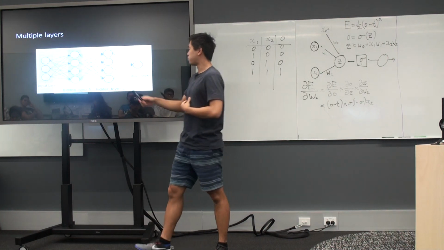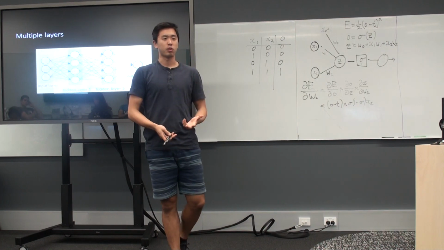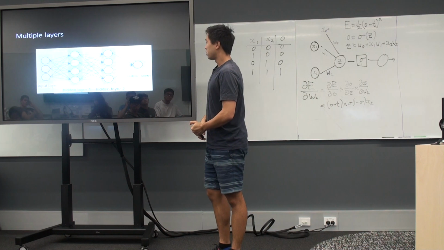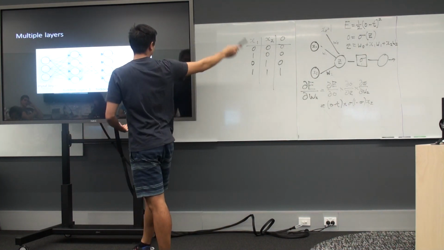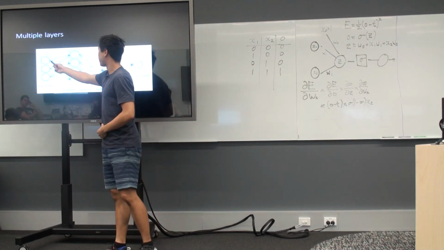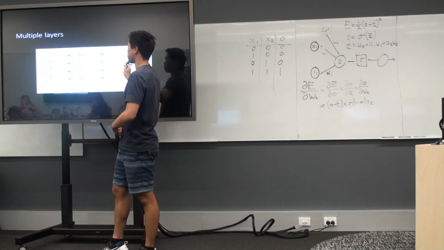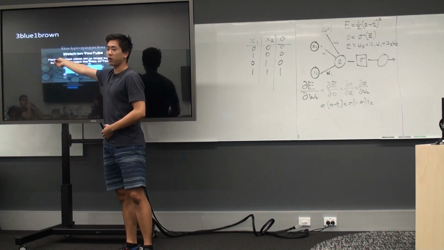With more hidden layers and nodes, you can make the model more complex. With this architecture, if you want to do backpropagation and find out how to change a specific weight, you just have to apply the chain rule over and over again through all the weights that this weight affects.